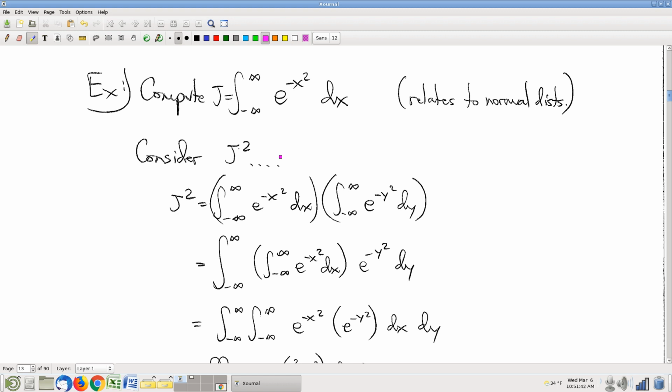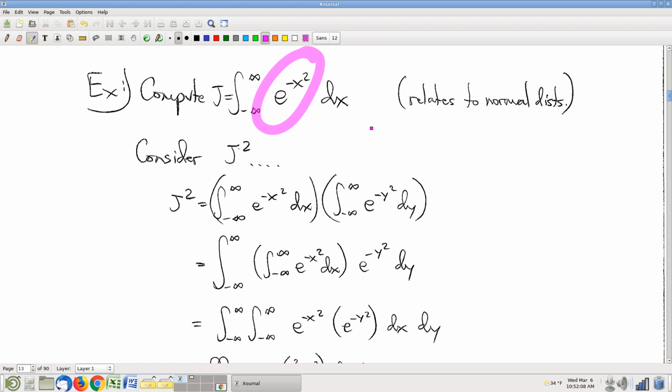Here's another thing about this function. Unfortunately, you can't write down an antiderivative of this function. There is no closed form antiderivative of e to the negative x squared. You just can't do it. Well, look, the way we integrate things is by finding an antiderivative and then plugging into the fundamental theorem of calculus.